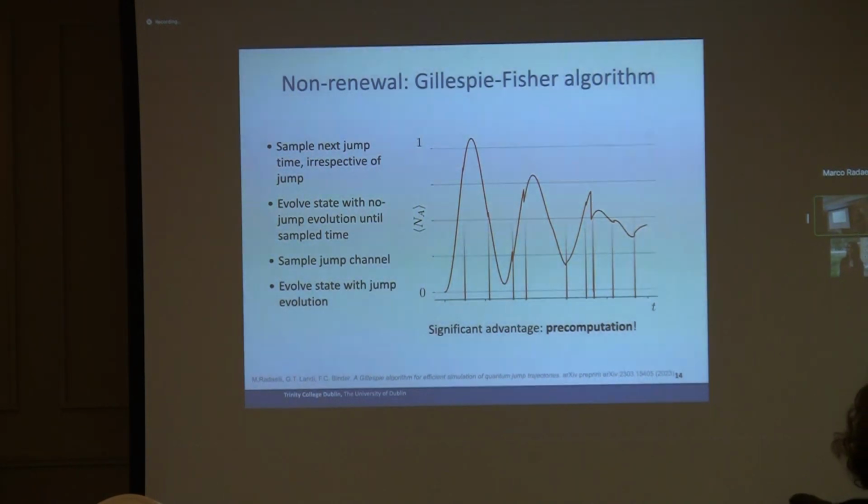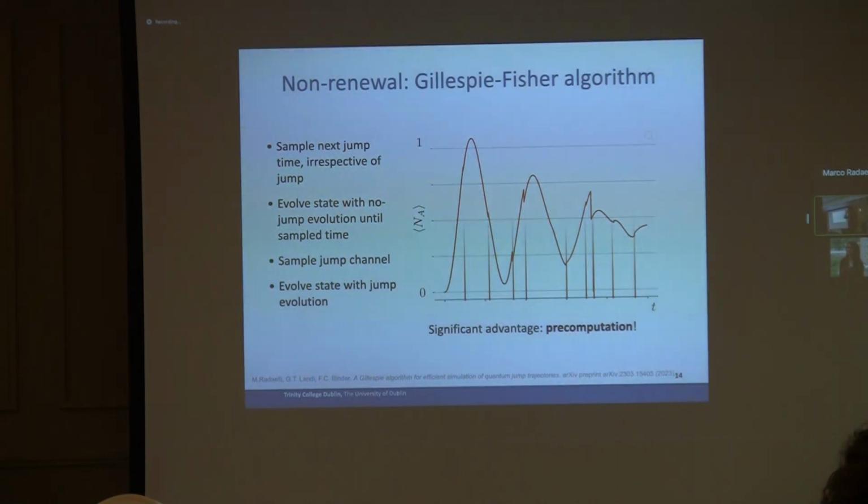Now, the way in which sometimes we integrate this kind of dynamics is to simply discretize the time, so we assume a time step dt, and at each time step we ask, does the system jump or does it not? And then we apply the corresponding Kraus operator and we move on.